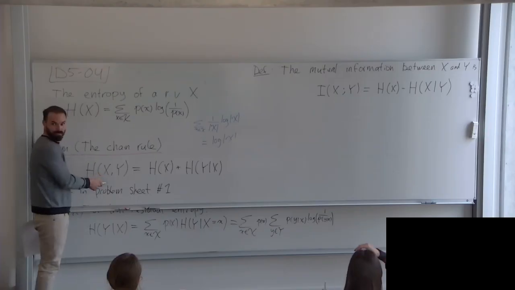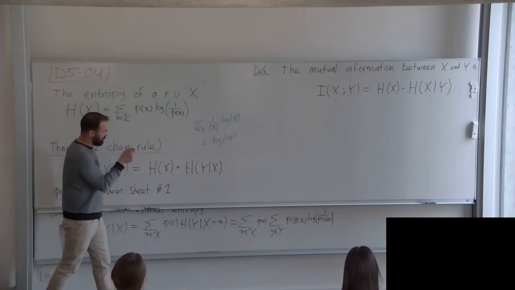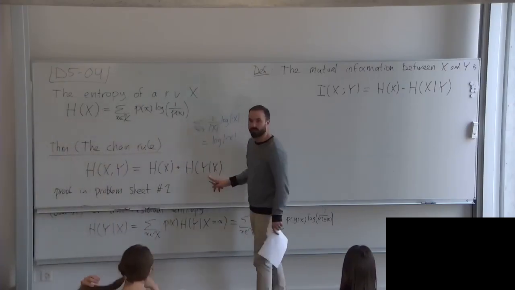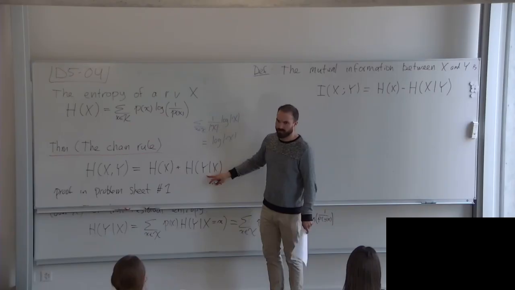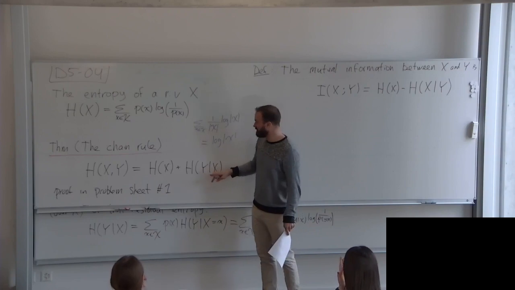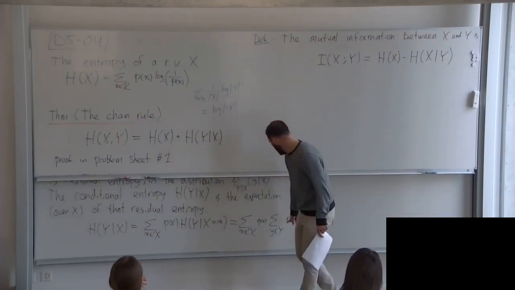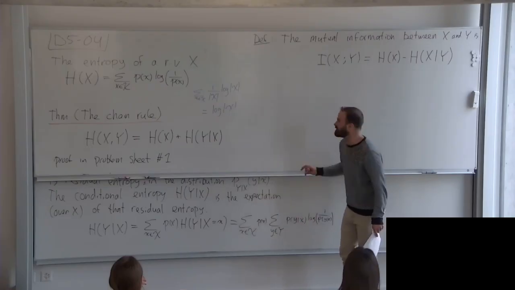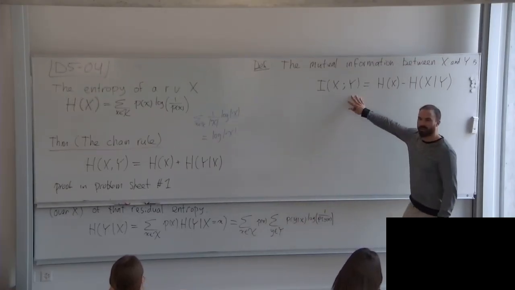Either there's a comma, which means it's the joint entropy, the entropy of the pair of random variables, or there's this bar, which is the entropy of y given x. This bar resembles the bar we have in probability distributions, the probability of y given x. Now for the mutual information, I'll justify why I write a semicolon and what that means.